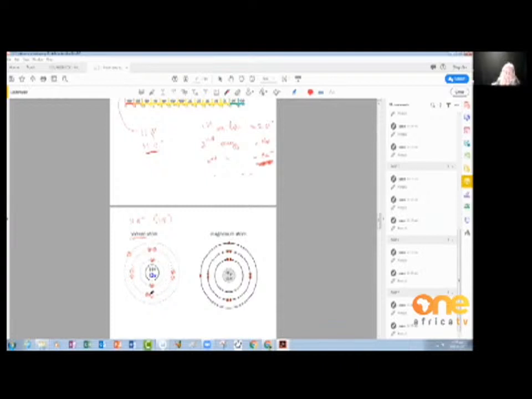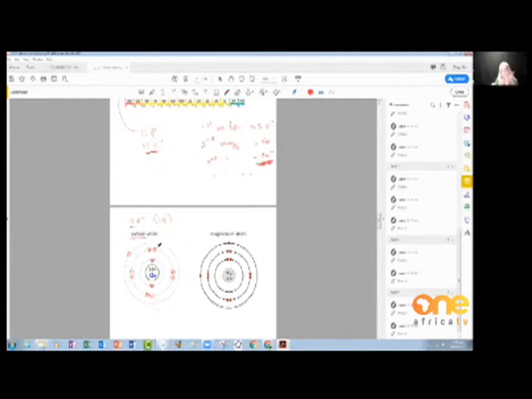So the second energy level can take only 8 electrons, and we have completed it, but we still have 1 more electron left because sodium has 11 electrons. Up to the second energy level we have placed 10, so the 11th has to go to the next energy level, and there it is all by itself because we have finished placing the electrons of sodium.